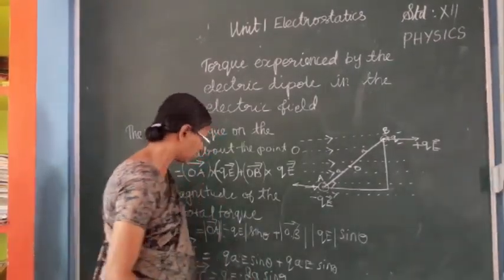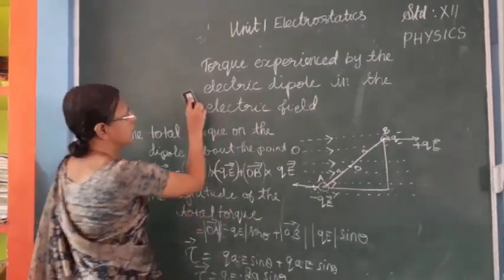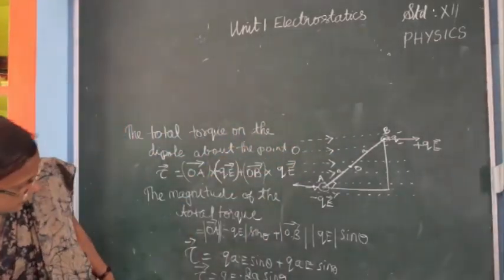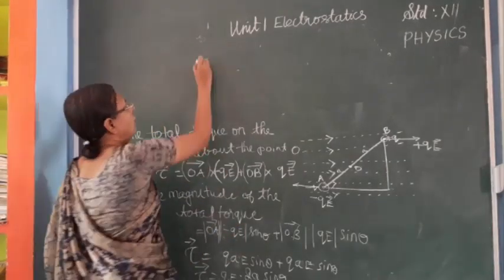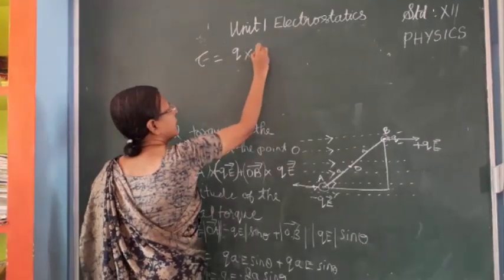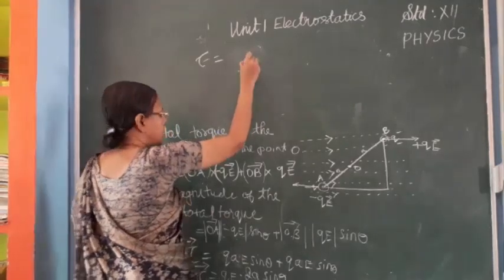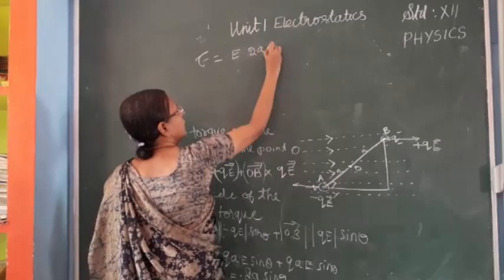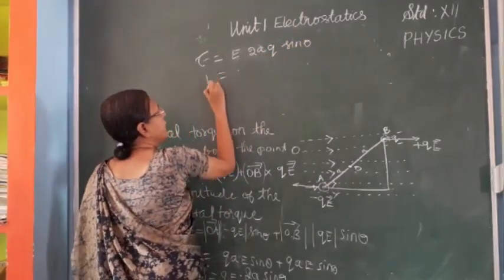Now, we know 2AQ is the dipole moment P vector.